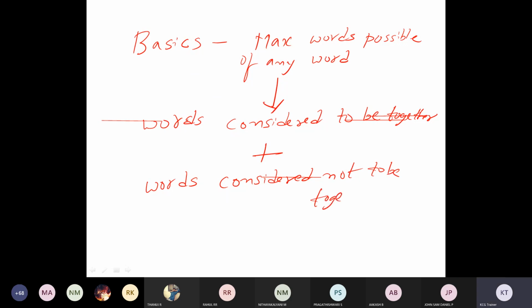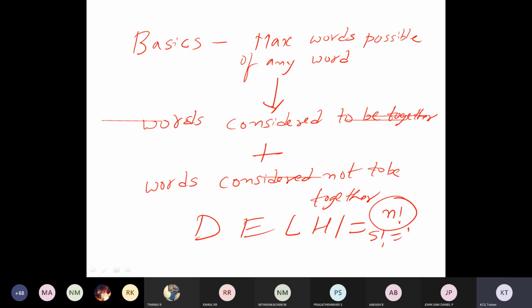Let me tell you what it means. I'll take a simple example called Delhi. If the question comes how many maximum words you can form using all the 5 letters of Delhi by shuffling all the 5 letters, it is nothing but n factorial. N means number of letters. So 5 factorial, 120 is the maximum words.